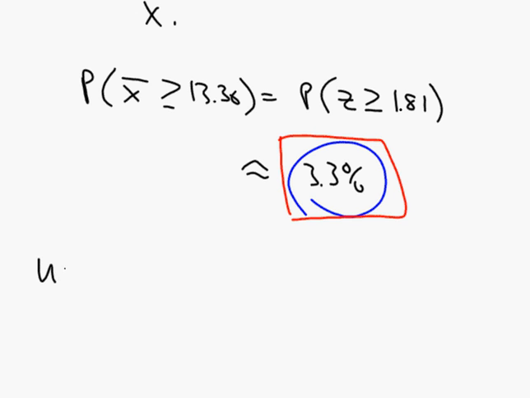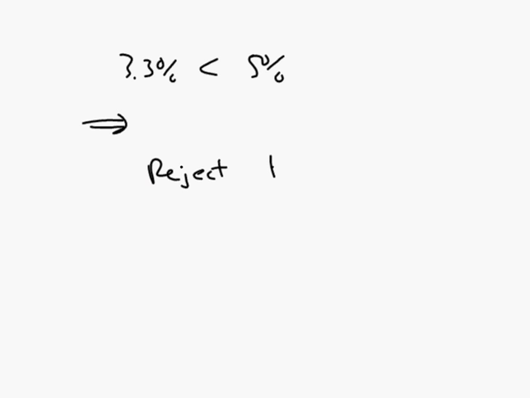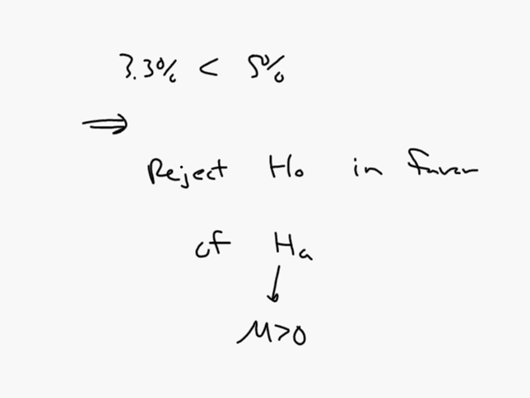And usually we use an alpha level, alpha equals 0.05. 5% is usually the magic cutoff. So 3.3% is less than 5%, and that's going to imply the following, that we're going to reject H0 in favor of HA. And HA states that mu is greater than 0.